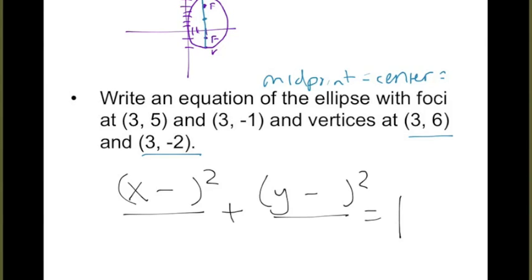So for the x's, I would do 3 plus 3 over 2. For the y's, I would do 6 plus negative 2 over 2. Which then turns out to be 3, 2. So that plugs in for our h and k.